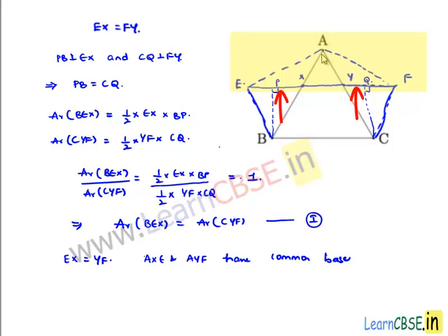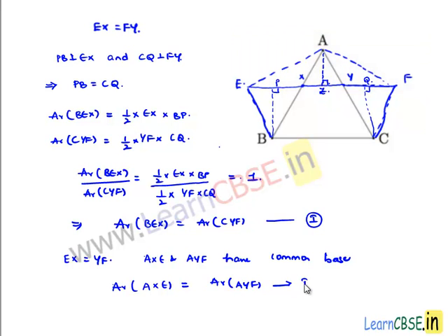As AZ will be the perpendicular height for both the triangles, we can say the perpendicular height for both the triangles is equal and we have a common base. Therefore, areas of those triangles also will be equal, that is area of triangle AXC is equal to area of triangle AYF.